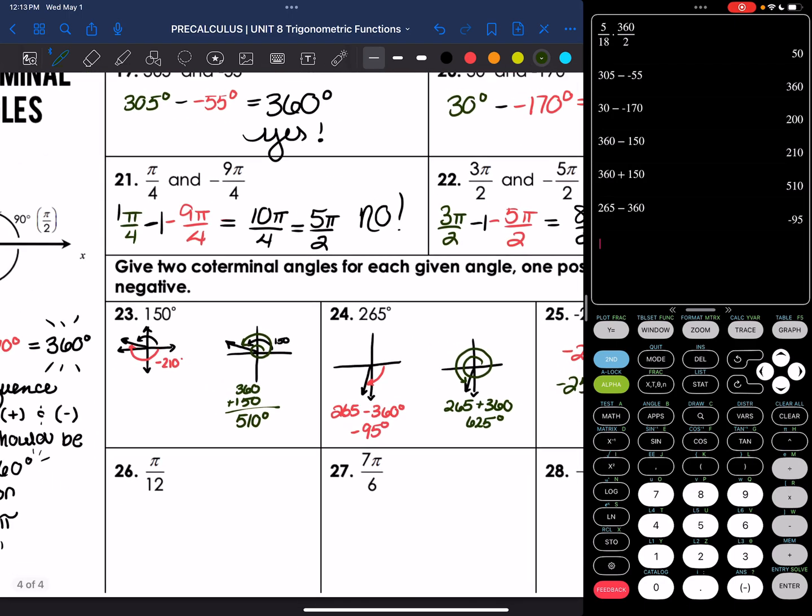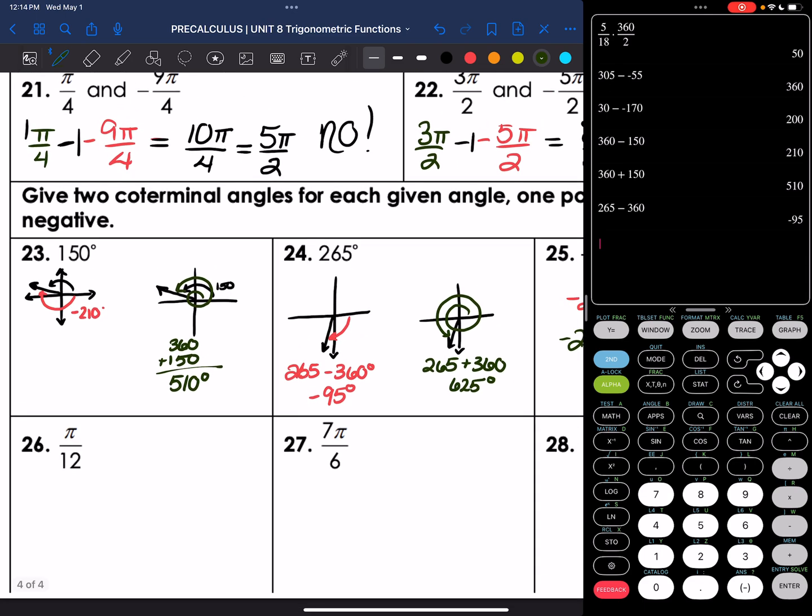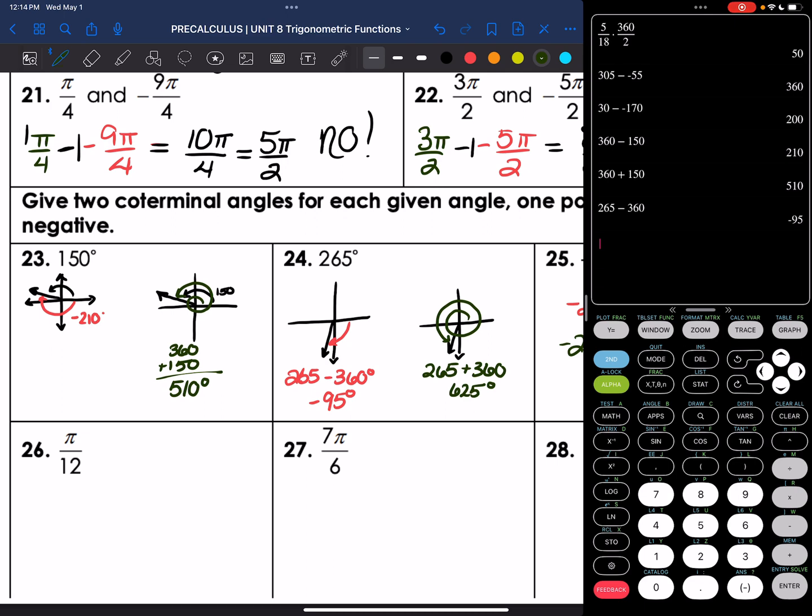What about with our radian values? These last few are in radian measure. Same idea. Let's go ahead and first look at taking pi over 12 and subtracting a full rotation from it. Subtracting will give us a negative coterminal angle. When you subtract, you can actually take this approach right here. We can take our little fraction, and that is a 1 over 12.